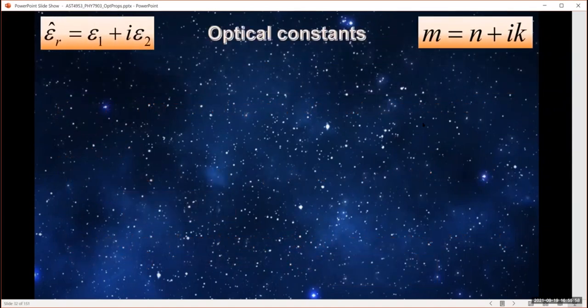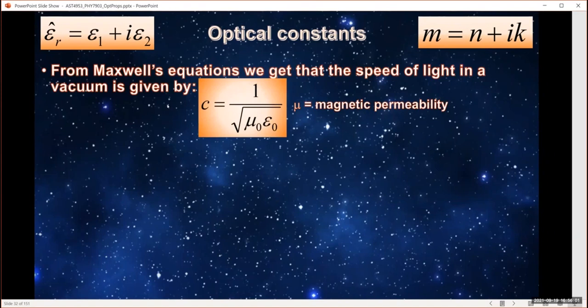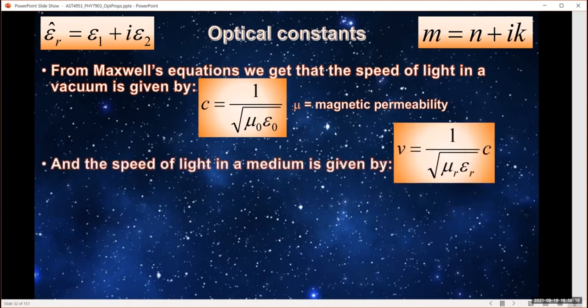So here I have my two sets of optical constants. From Maxwell's equations, we can get that the speed of light is just 1 over the square root of the magnetic permeability times the electric permittivity, and those are the values for free space. And then likewise, the speed in a material is using the relative permittivity. So I've got the relative permittivity and relative permeability of a material.